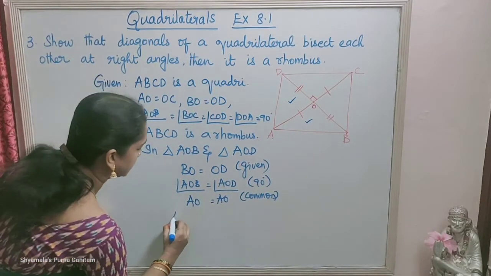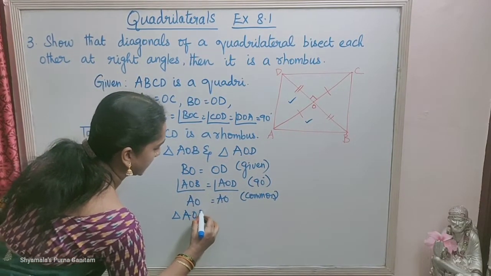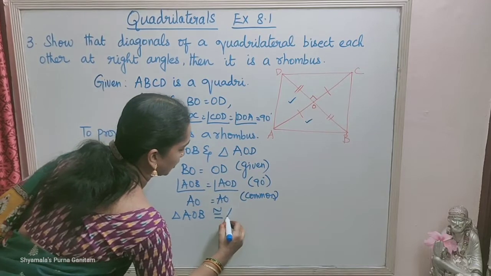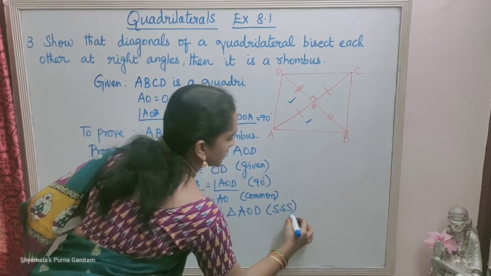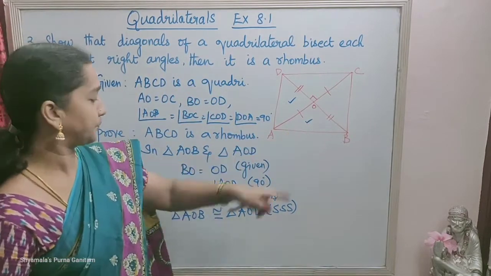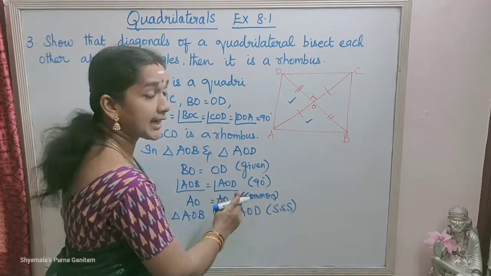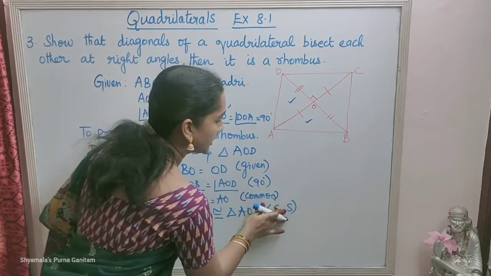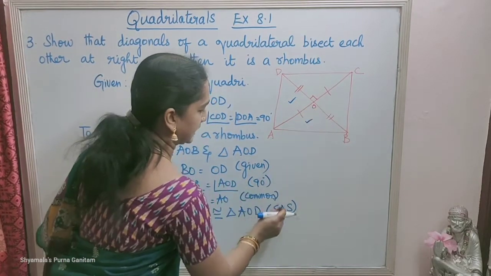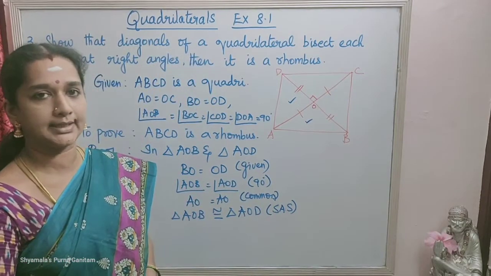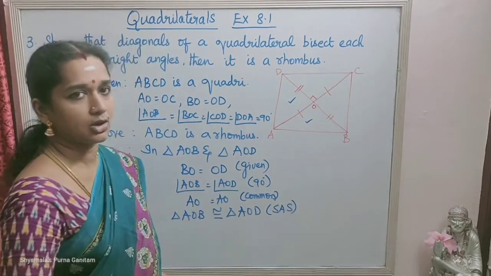So by SAS congruency, two sides and one angle, these two triangles are congruent: triangle AOB is congruent to triangle AOD.